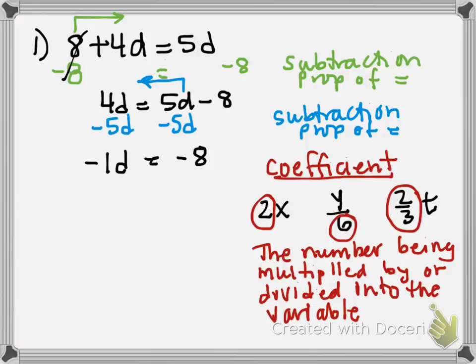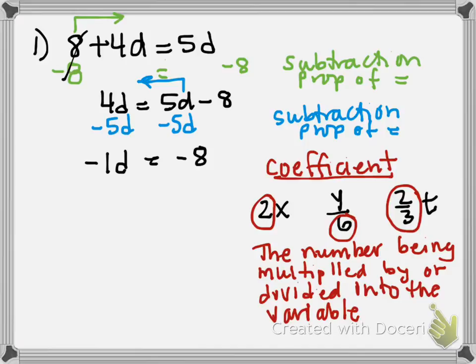Step 5, do inverse operations, either multiplication or division with the coefficient to get the variable alone. What's the coefficient in my equation, negative 1d equals negative 8? Negative 1. So what math am I going to do that's the inverse of negative 1d? Okay, what does it say the operation choices are in step 5?